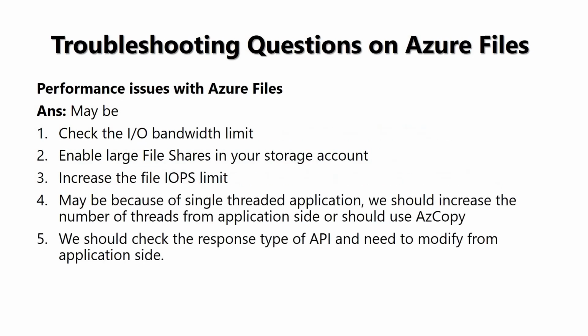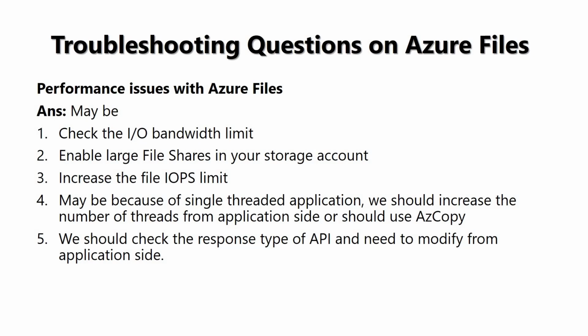Then the next can be asked that performance issues are there with Azure files, how can you troubleshoot? You have to answer in this way that we have to check the IO bandwidth limit first, then we have to check whether enable large file shares is set in your storage account or not. Then increase the file IOPS limit. We can do that also.